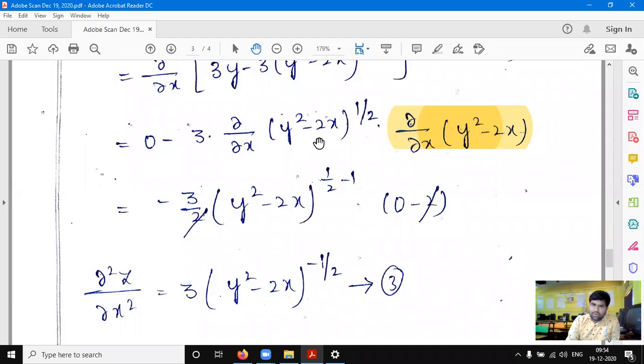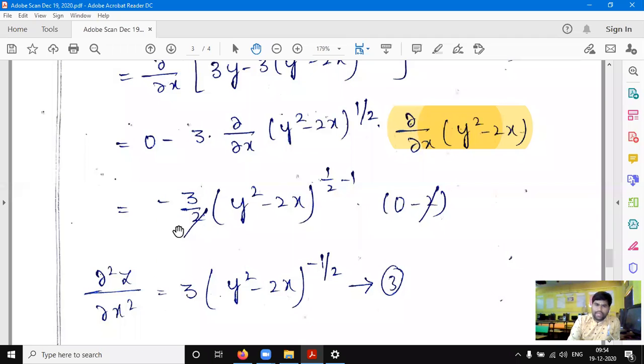Again, partial differentiation with respect to x of this term. Then y² differentiation is 0, minus 2, and 2 is constant. ∂x/∂x is 1, so that becomes minus 2. 0 minus 2 is minus 2.